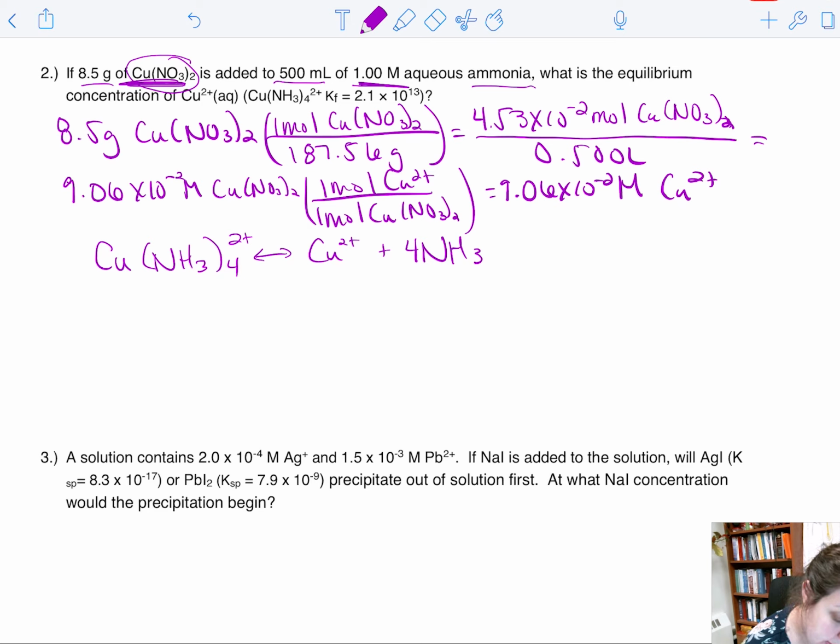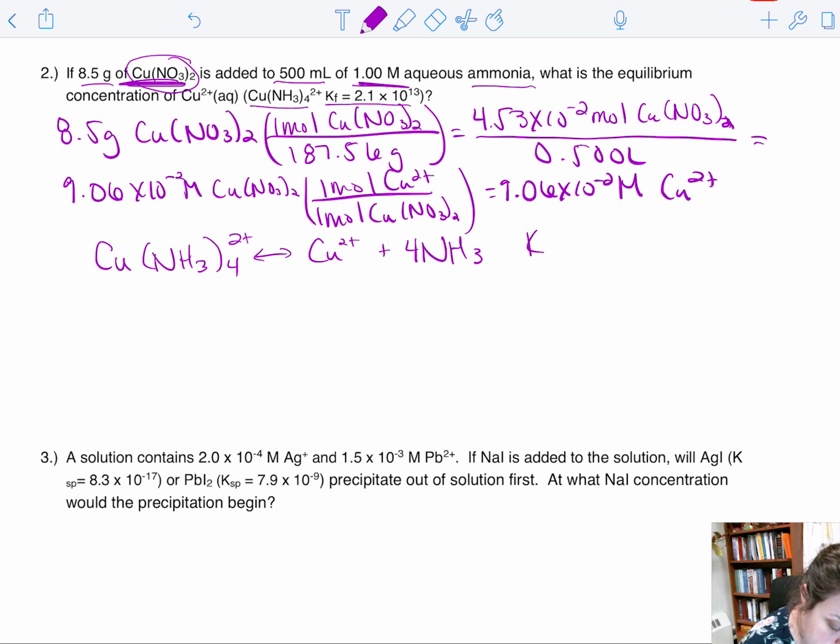Now, that being said, we have our formation constant of our copper ammonia complex ion. To get our equilibrium expression, our equilibrium constant will be 1 over that Kf because we flipped the equation.